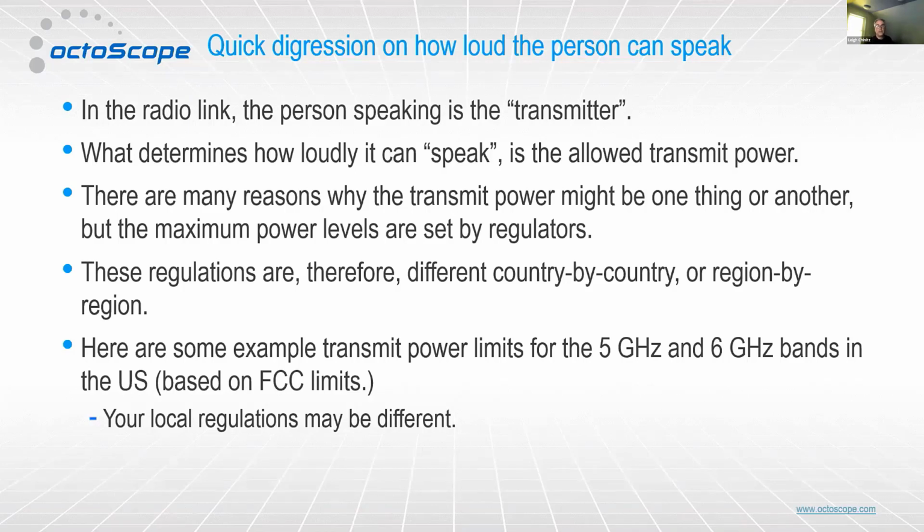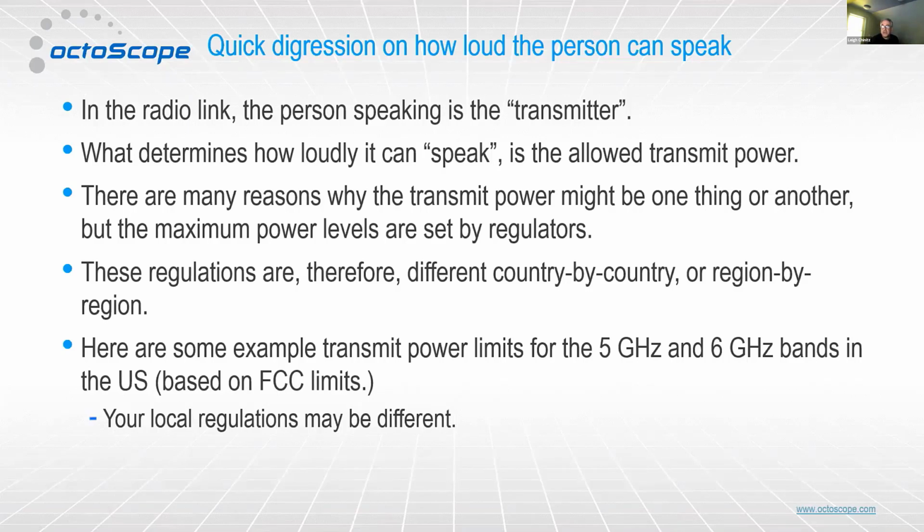In radio, the person speaking is the transmitter, and the degree to which that person can speak loudly is what's known as the allowed transmit power. There are actually a lot of reasons why the transmit power might be one thing or another. A certain kind of wireless link might demand high power, and another kind might not.